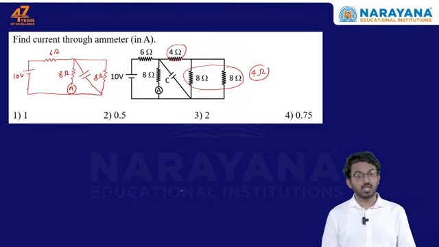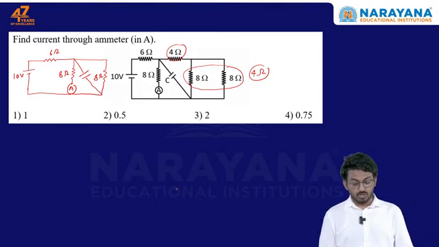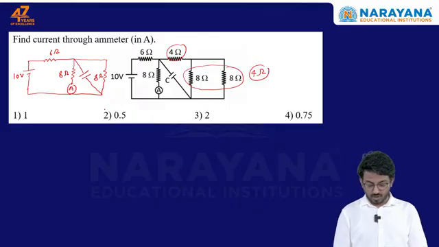Now in the steady state, capacitor will be fully charged, so there will be no current through the branch having capacitor. So we can observe further that this 8 ohm and the next 8 ohm combined resistance is going to be 4 because they are in parallel.